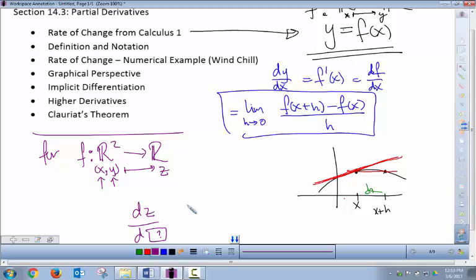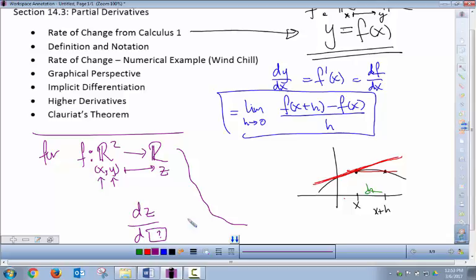You treat it like it's a constant. Okay? So that's how we're going to deal with partial derivatives. So let's say it was y to the 7 plus xy, if we're holding y as a constant, y to the 7 could also be a constant, right? So if we took the derivative, that would just be 0?